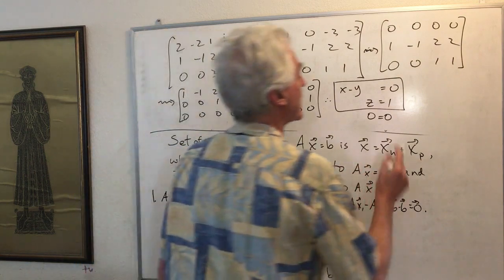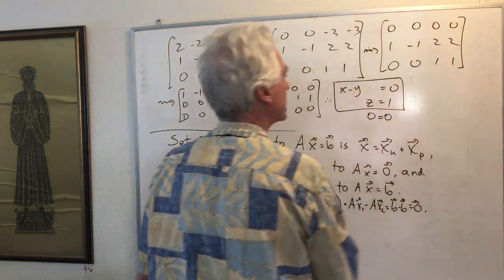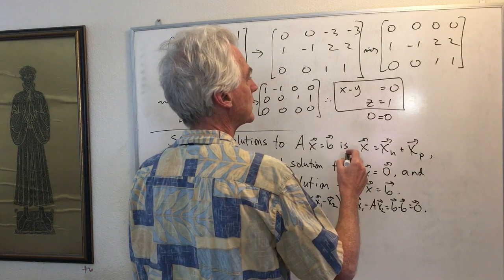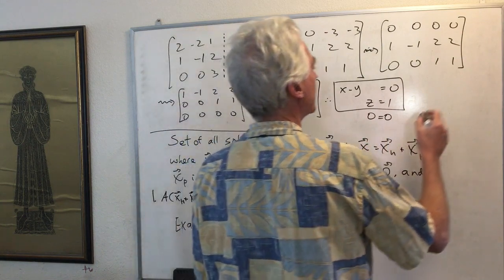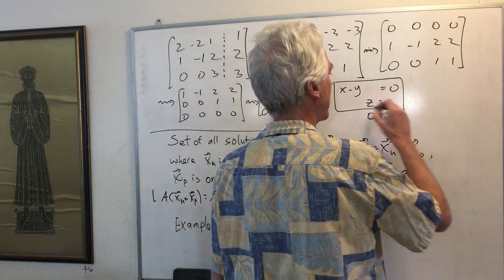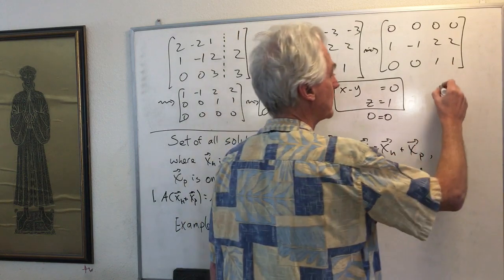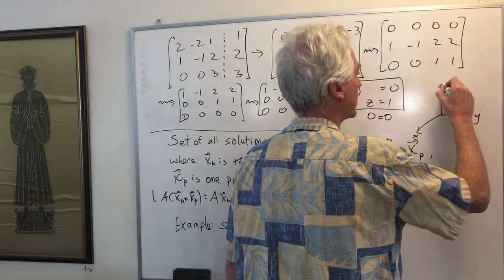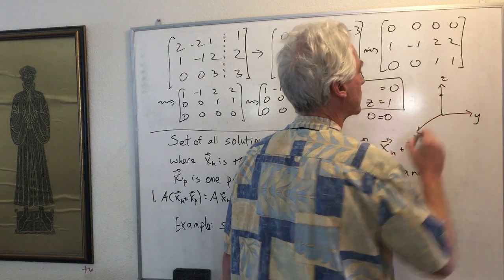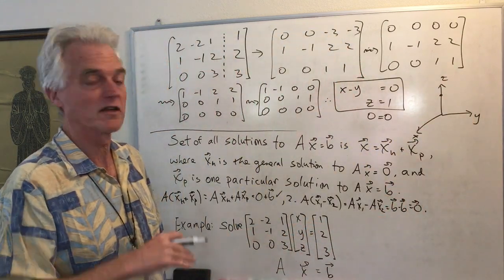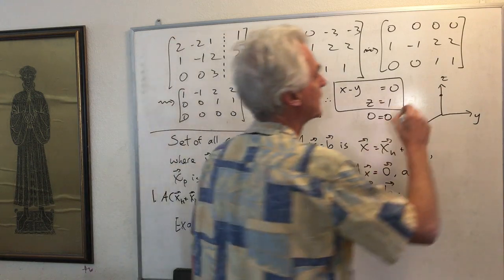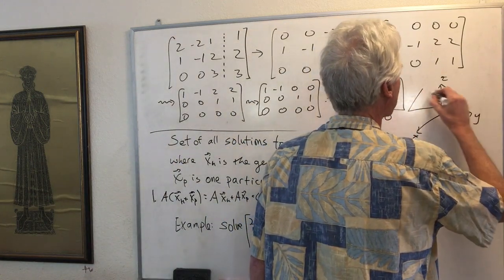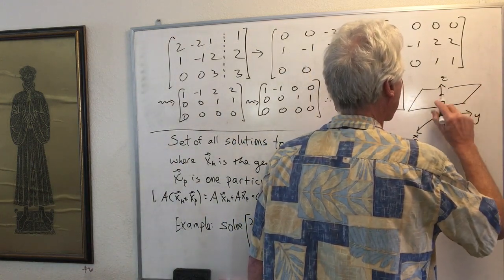Okay, and let me draw a picture of that. Right? So what we get is basically that x is y and z equals 1. So in 3 dimensions, here's x, here's y, and here is z. The solution is on the plane z equals 1, and I can draw a picture of that plane, like that.